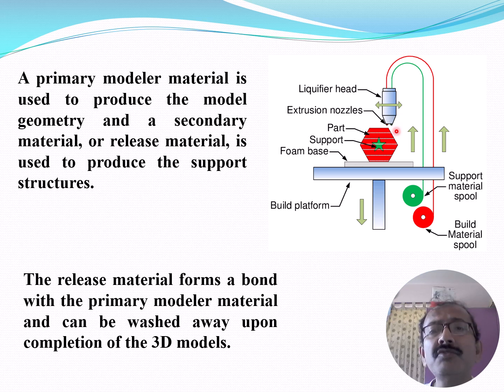So this is the extrusion nozzle, and this is the part, and this is the supports, and this is the build platform. This build platform gradually comes down. The release material forms a bond with the primary modeling material and can be washed away upon completion of the 3D model.